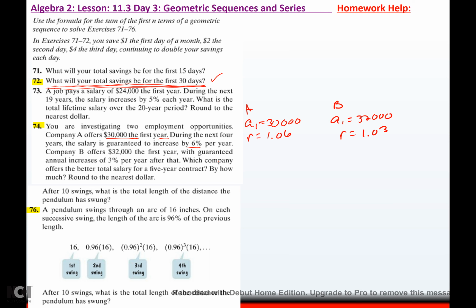And it says, which company offers the better total salary for a 5-year contract? By how much? So on each of these, you're finding T for time is 5. Plug them in and get your total here, get your total here, and the highest one wins.